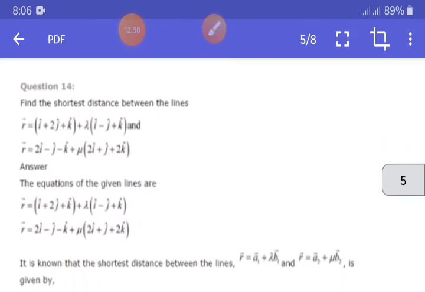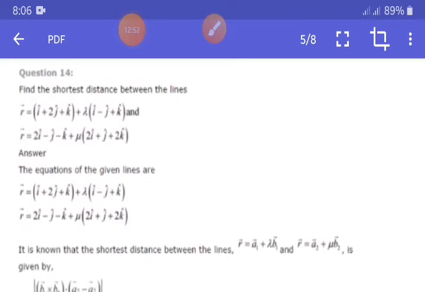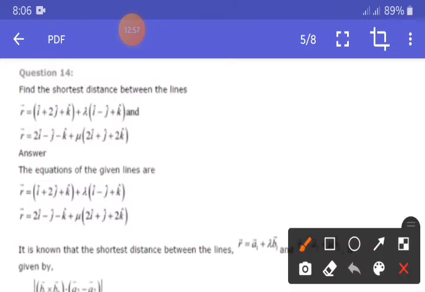Next, question number 14. Find the shortest distance between the lines R vector equal to i cap plus 2j cap plus k cap plus lambda of i cap minus j cap plus k cap, and R vector equal to 2i cap minus j cap minus k cap plus mu of 2i cap plus j cap plus 2k cap.